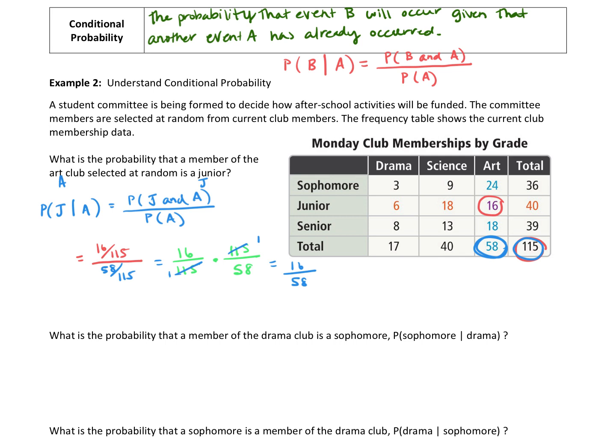So we multiply what we have left straight across. 16 times 1 is 16. 1 times 58 is 58. All right, and then that will reduce. I think you can divide those both by 2 and get a final 8 over 29. So what is the probability that a member of the art club selected at random is a junior? 8/29.